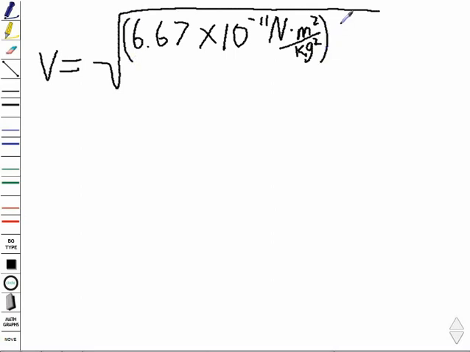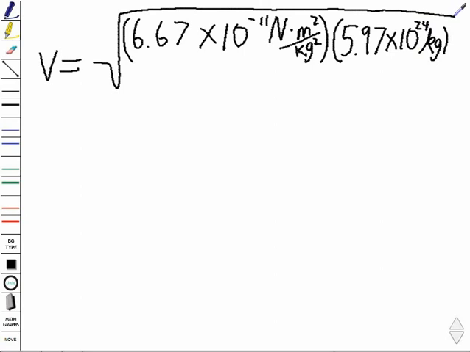And we'll multiply that by the mass of the Earth, 5.97 times 10 to the 24th kilograms. Just going to extend my radical a little farther.